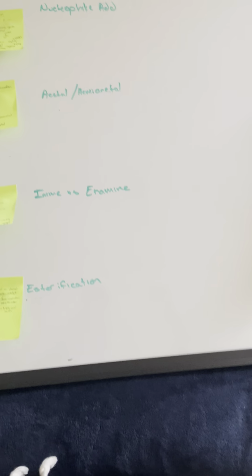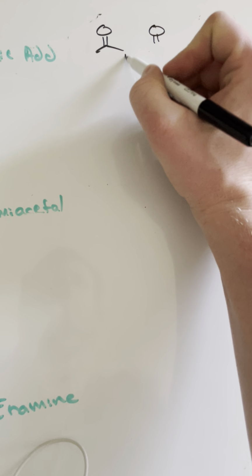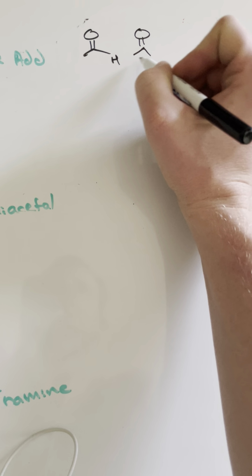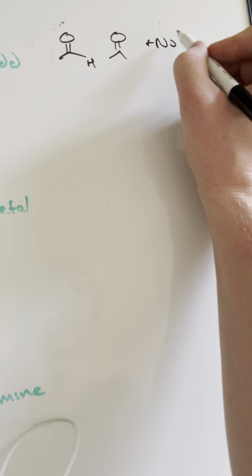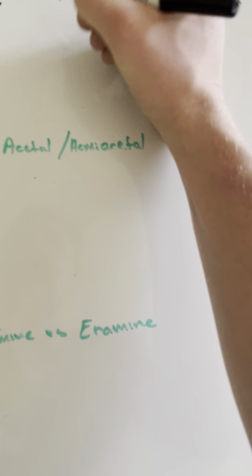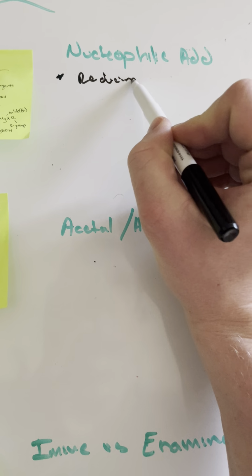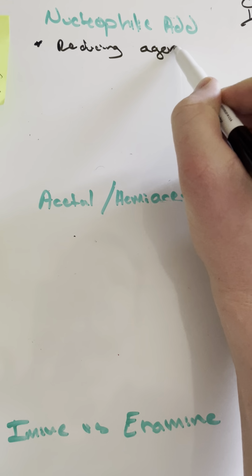So this is going to be nucleophilic addition to your carbonyl bonds, right? So your aldehydes or your ketones, plus nucleophile, right? And then these are going to be carried out by reducing agents.